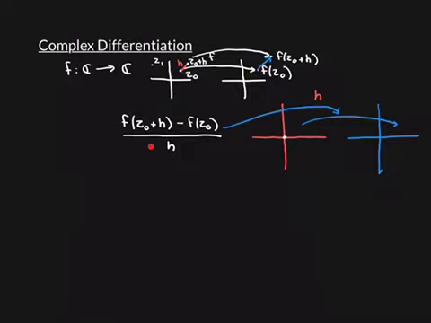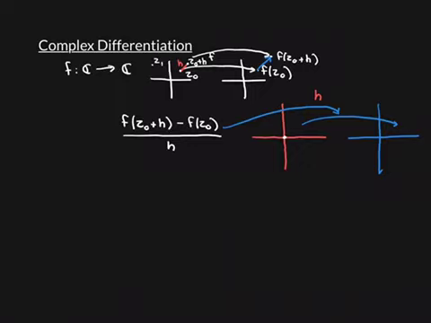So we've created this function mapping h onto the complex numbers that's defined on the entire complex plane except 0, and this function is specific to the point z0. What we can then do is, we know that this function is not defined for h equal to 0, but what we can ask is, maybe there is a limit of this function as we get closer and closer to z0.